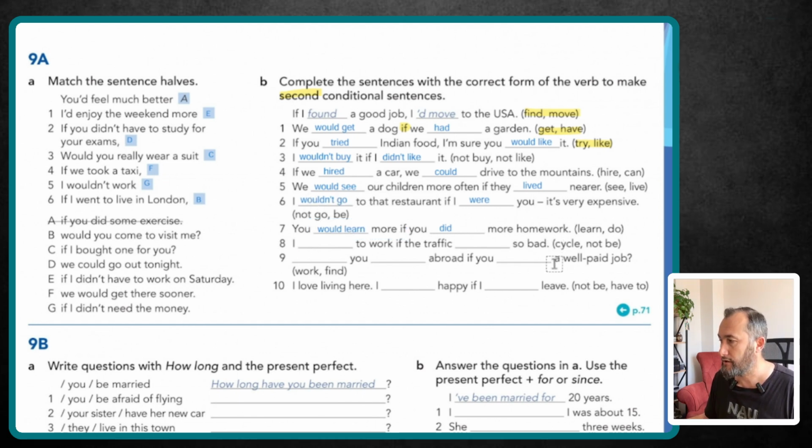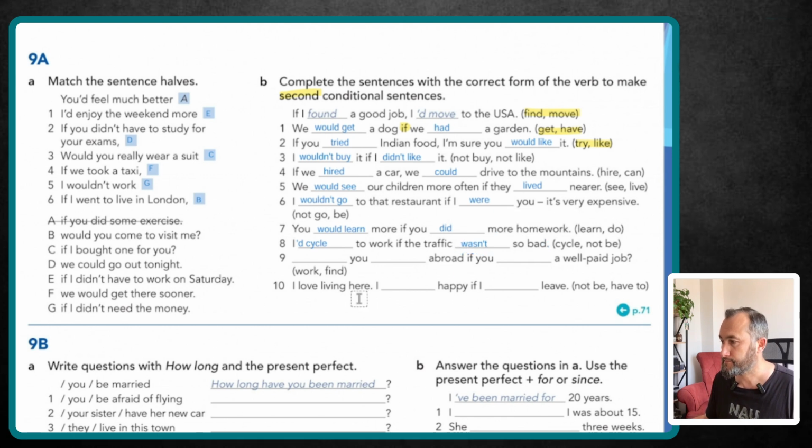Number 8. Cycle, not be. So I would cycle more. I mean, we can also use contraction. I'd cycle more. I would say I'd cycle more, like that. I'd cycle more to work if the traffic wasn't so bad.